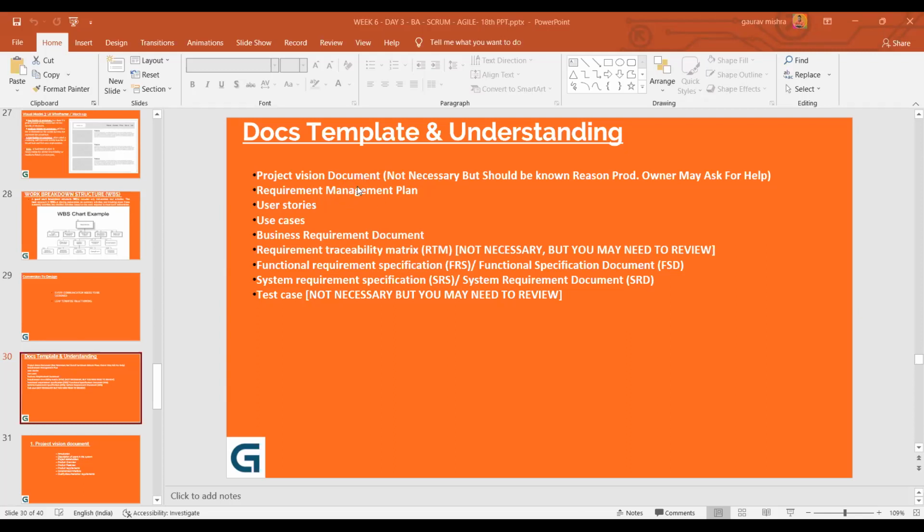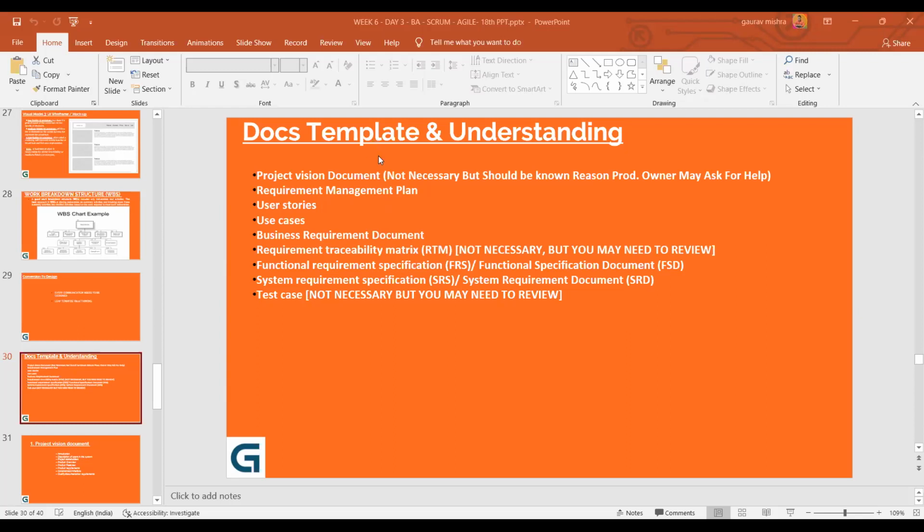The project vision document is generally created by the product owner, but BAs, as in business analysts, are generally asked to contribute to it. Does that make sense? Who is the project vision document created by? It is created by the product owner, but the product owner may ask you as a business analyst to help them. Clear?